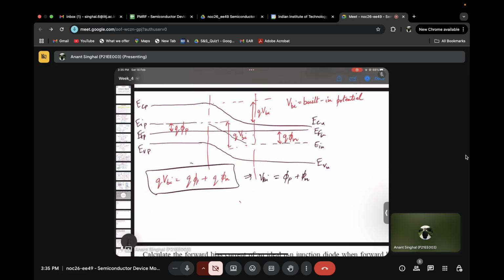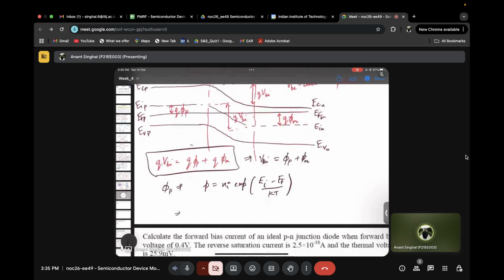So if you remember for phi P, if I'm talking about a p-type semiconductor, we have this formula: p is equal to ni exponential of (EI minus EF) over kT.